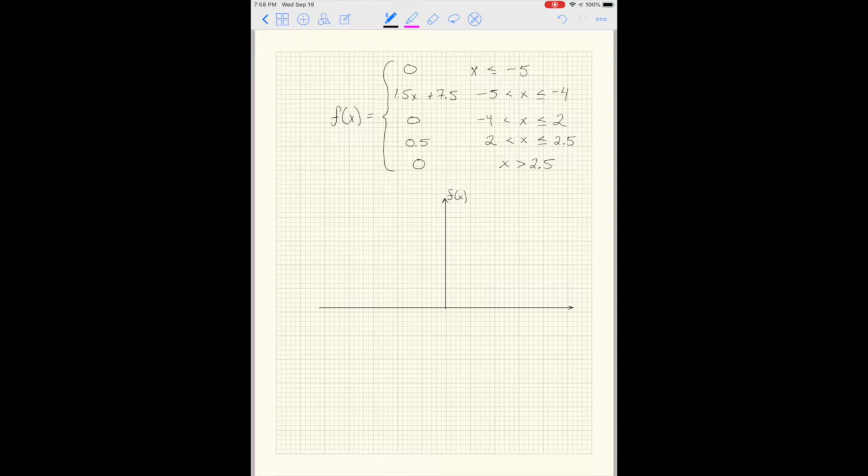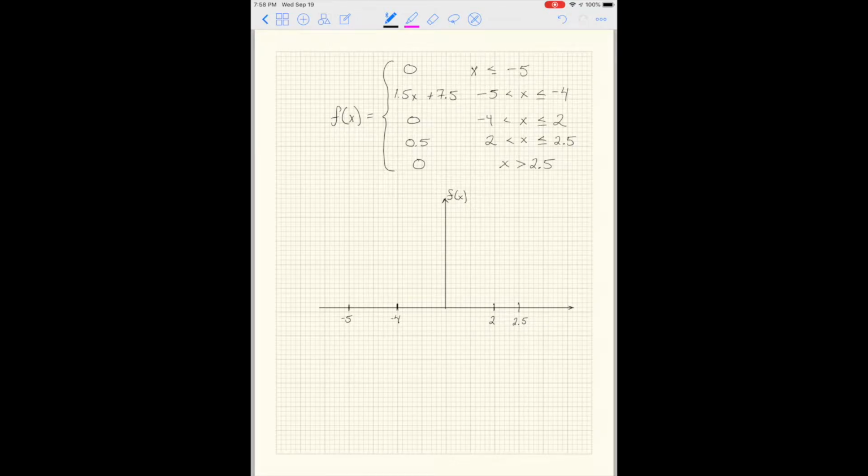Over here, let's say this is -5, and over here, a little bigger, not to scale, -4, and then we know that the action picks up again at 2, and then picks up again at 2.5.